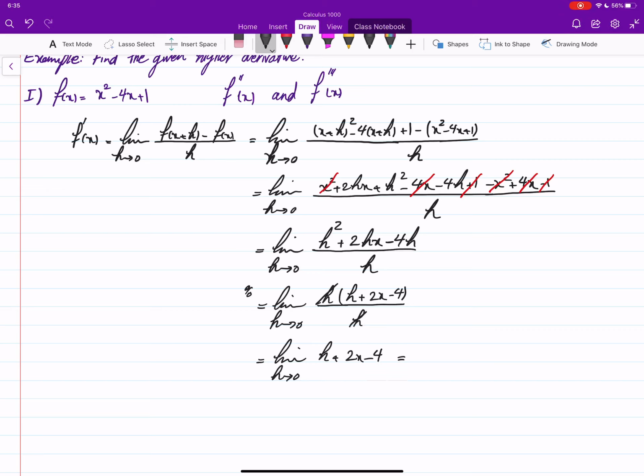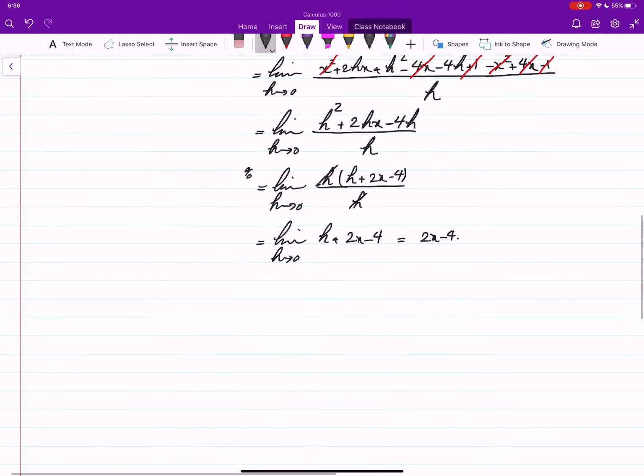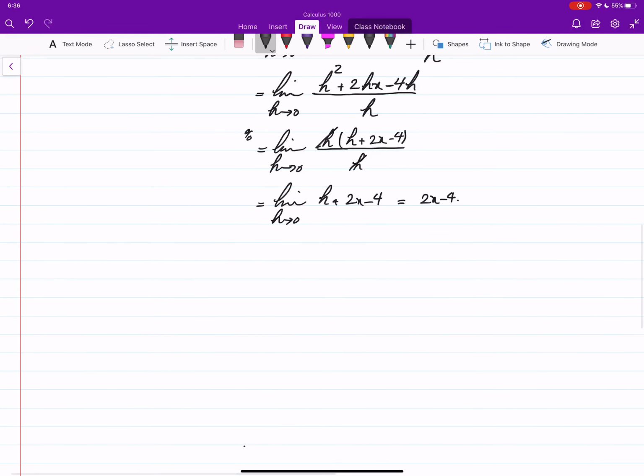As h goes to 0, this is 2x minus 4. So f prime in this case is 2x minus 4. Now, we want to find f double prime of x.